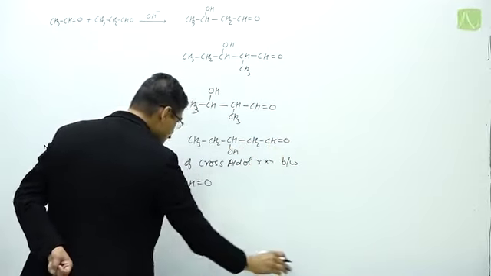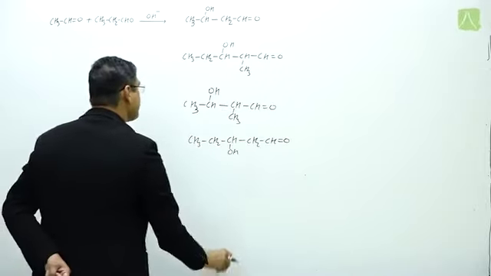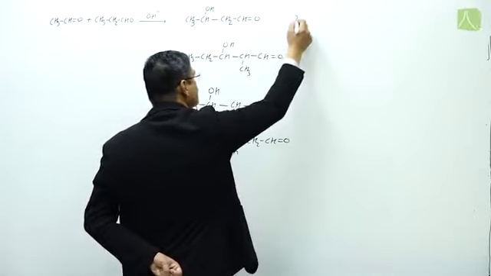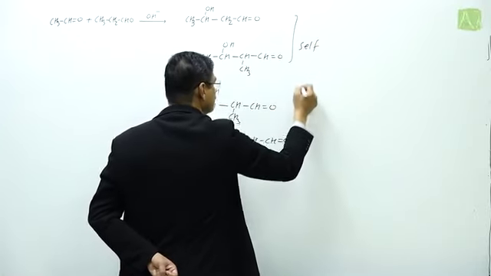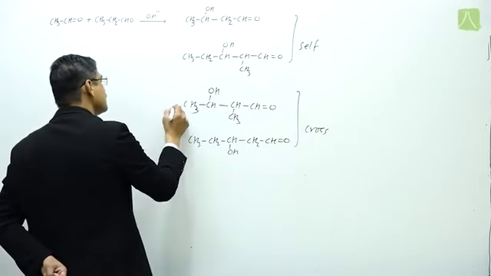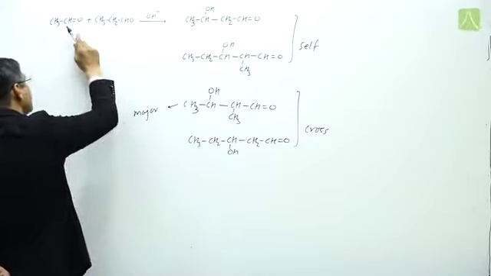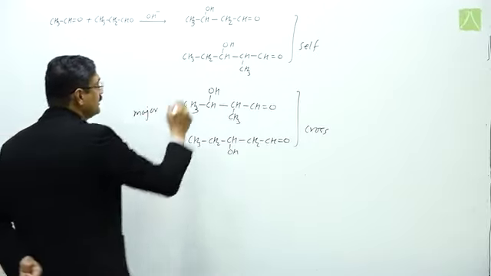So 2 cross and 2 self. So total 4 structural isomers are possible. These are the self, these are the cross. And this cross product is major, because the more reactive aldehyde gives the major product.